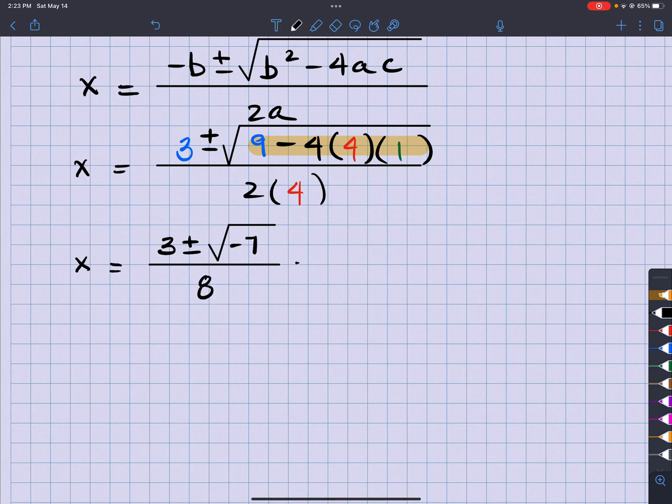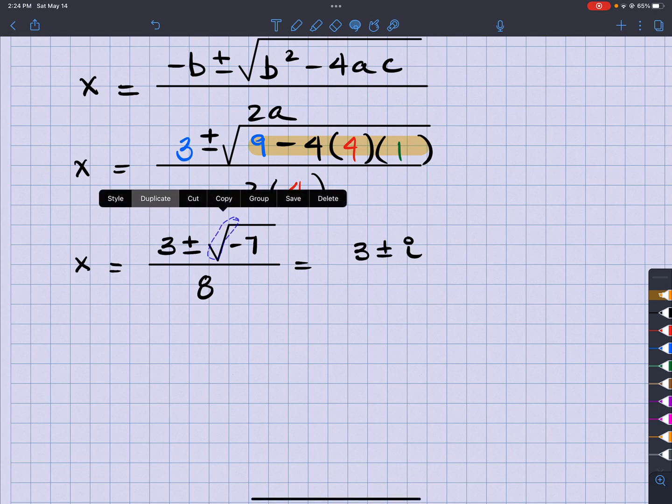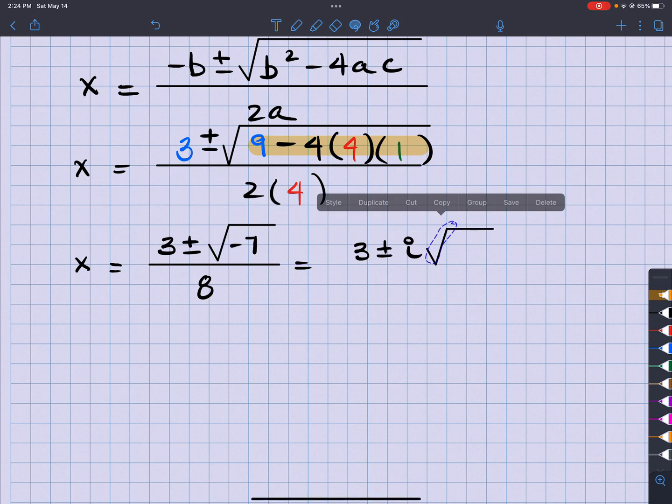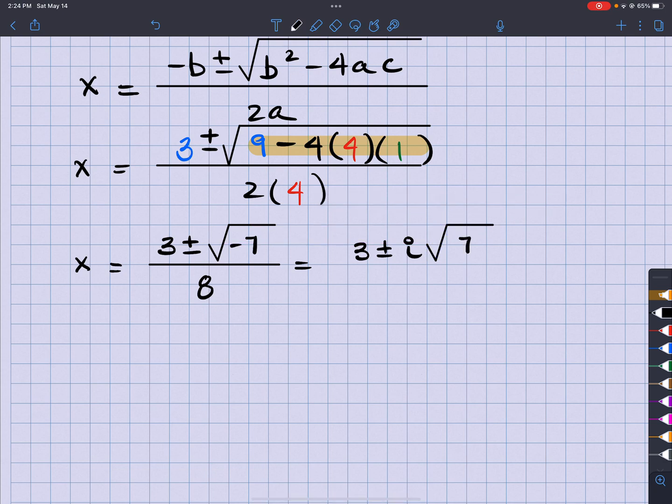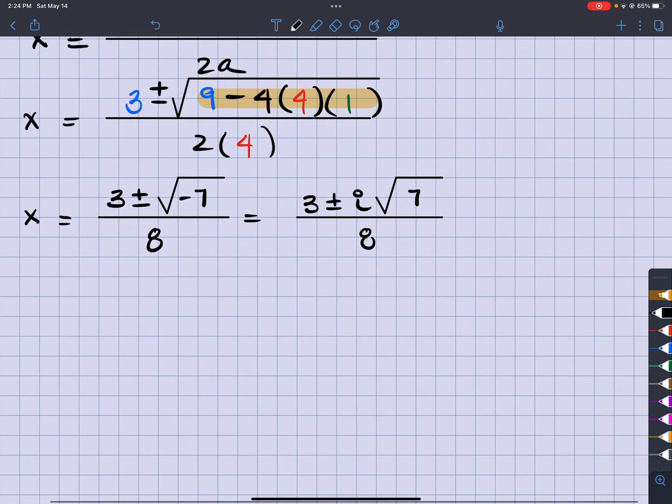Well, we can split that up. So this is actually going to be 3 plus or minus i square root of 7, all over 8. And that would be my answer, and that is choice D.